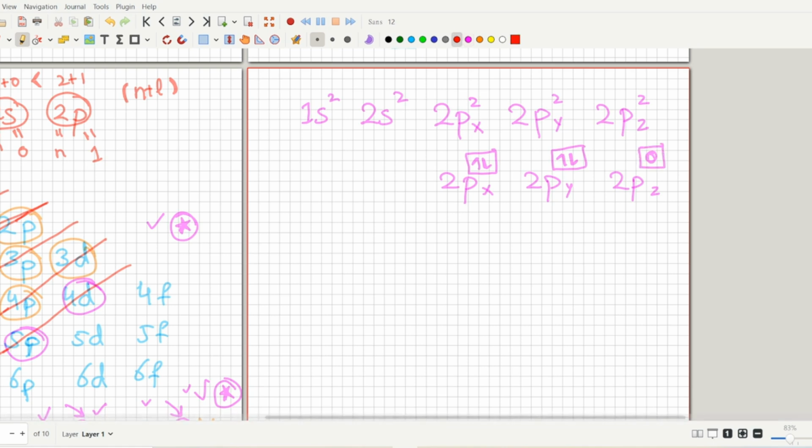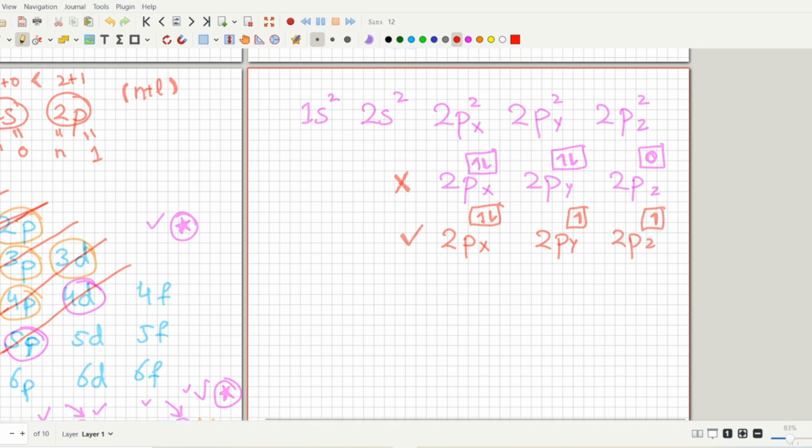Hund's rule tells you that this is wrong. The correct electronic configuration would be 2 electrons in one orbital, and then 1 electron in each of the other two. Why is that?